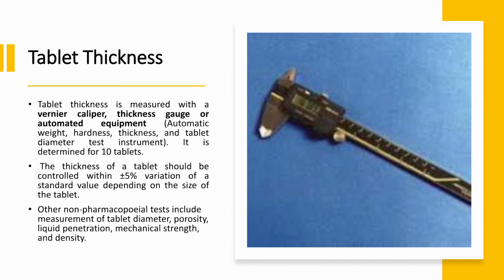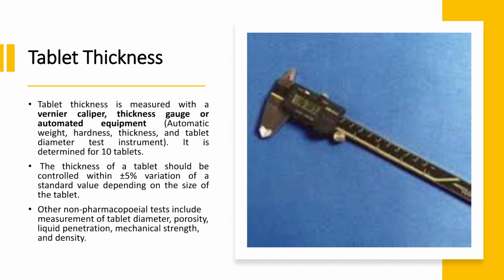Other non-pharmacopoeial tests include measurements of the tablet diameter, porosity, liquid penetration, mechanical strength, and density. But in most of the industry, three tests are very important. First are the organoleptic properties, second is the tablet thickness, then tablet friability. These are very important since they are related to the other tests as well.